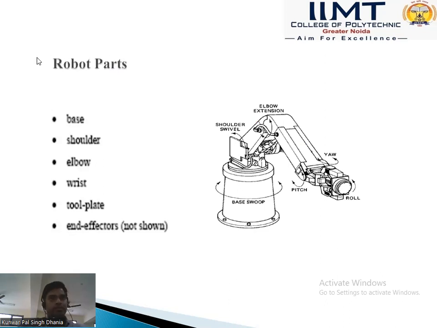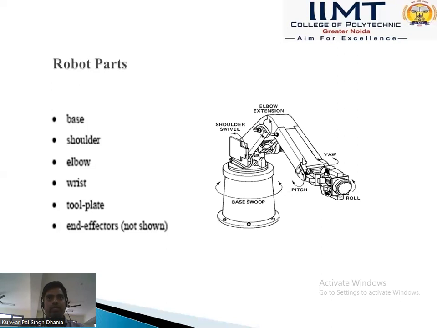So next is robot parts. If we talk about the parts, the first one is the base. It is called the base of the robot. Shoulder, that part is called the shoulder. This curved section is called the elbow.